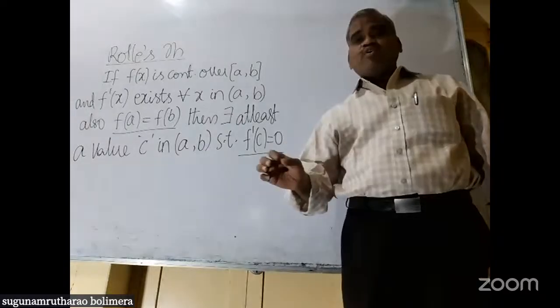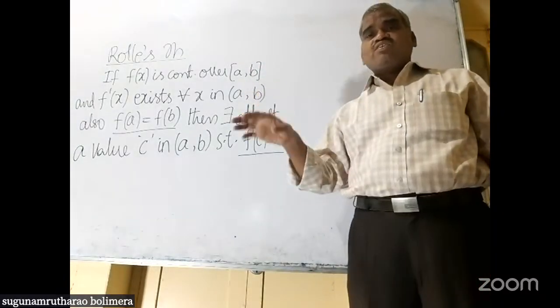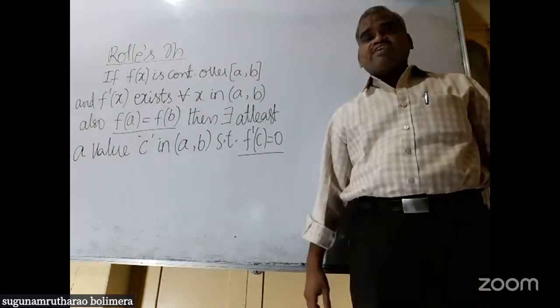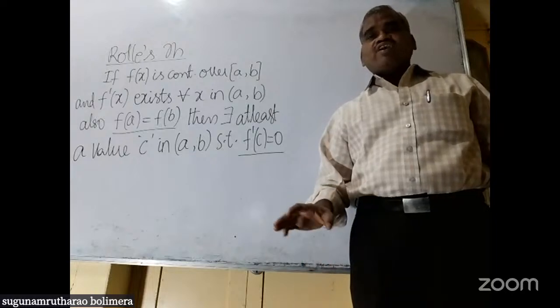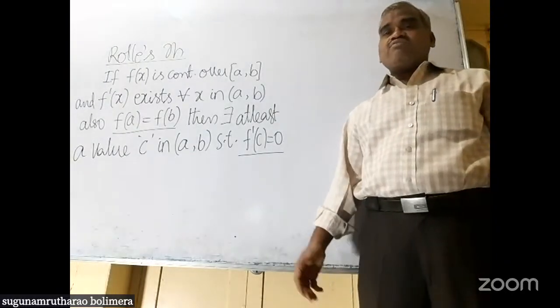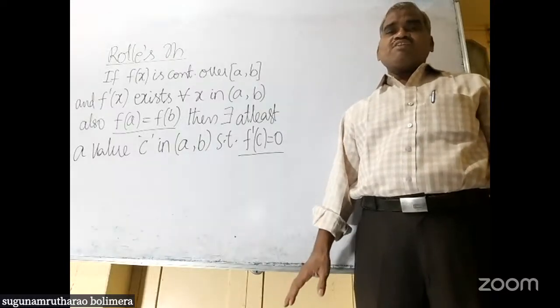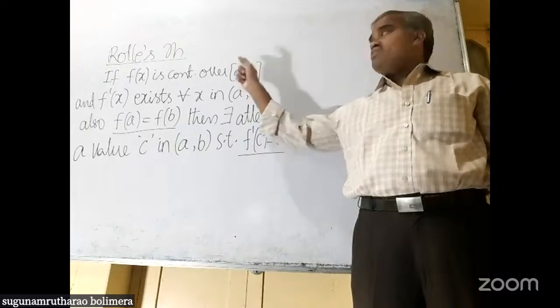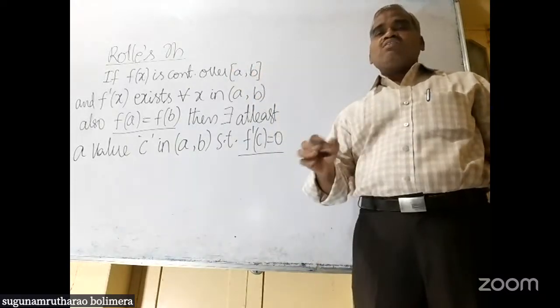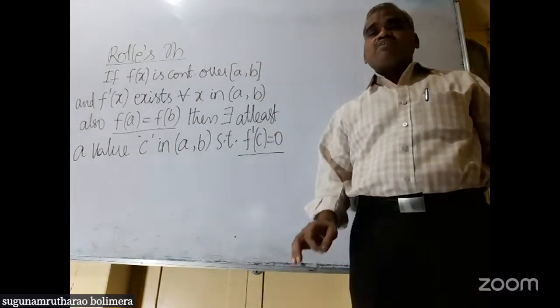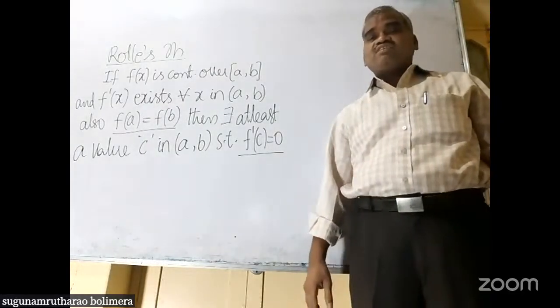If there is any point in between a and b at which it is not defined or infinity, then you have to consider it not continuous. From a to b, all the points must be finite, right?